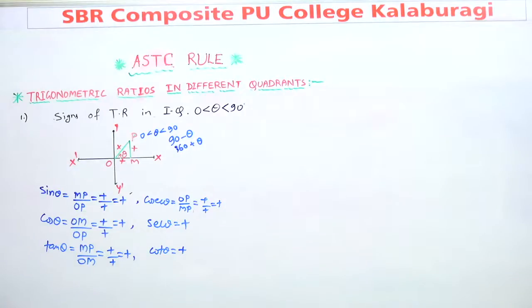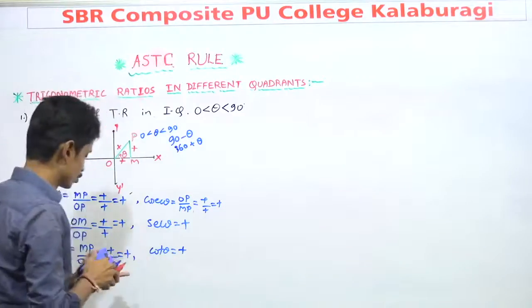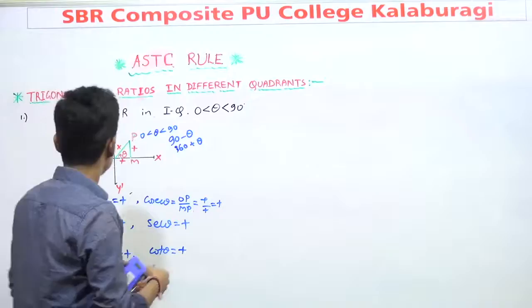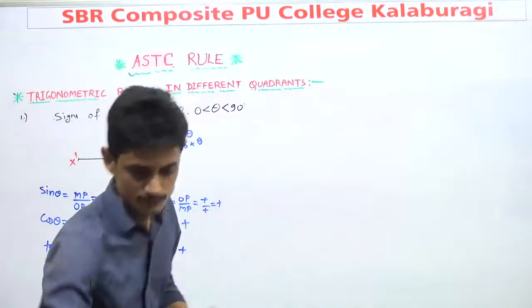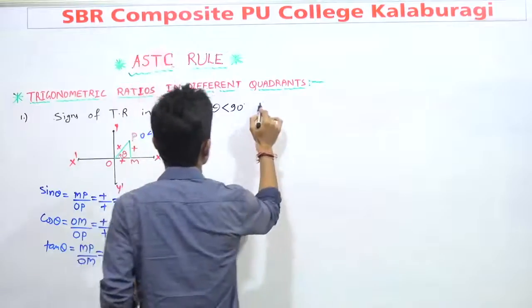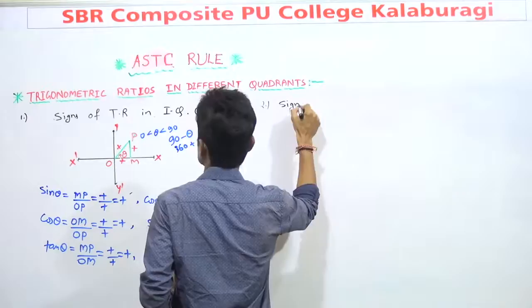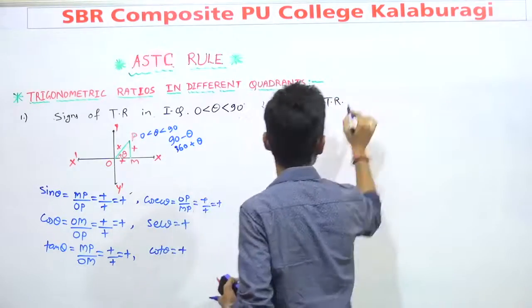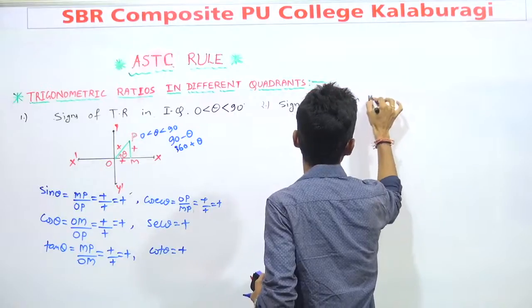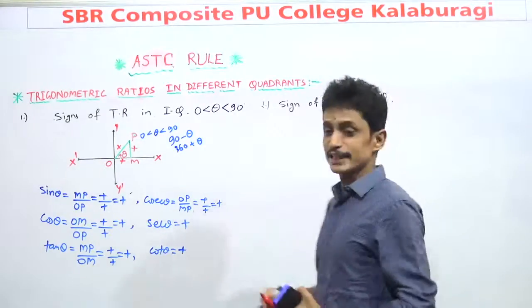Okay. Now we'll go for the next one, that is to find out trigonometric ratios in the second quadrant. I'll go to the second quadrant. Here I will write: signs of trigonometric ratios in second quadrant. What is the second quadrant?